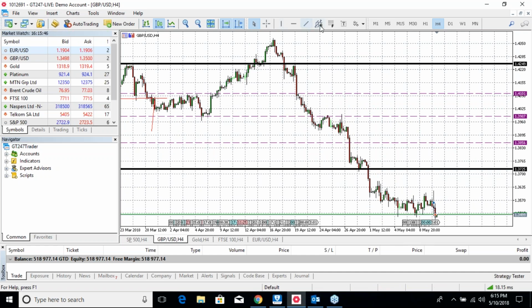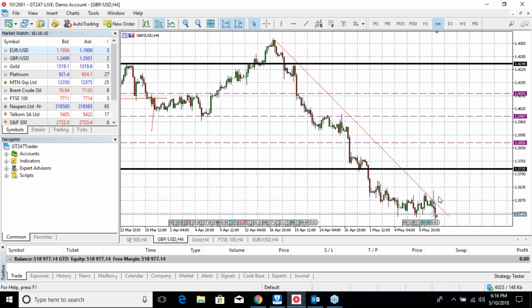GBP has been tanking, especially after today's announcement that inflation rates will not change, and that was a negative. Sorry, the pound reacted negatively towards that. So we're anticipating a further drop on this particular instrument.